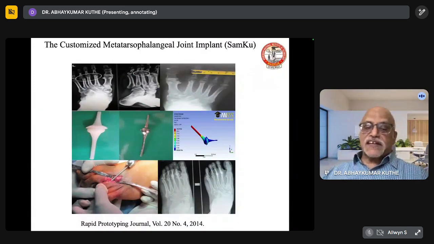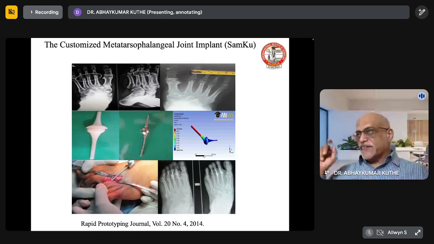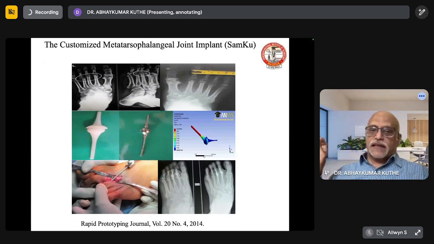The next interesting case study is about the customized metatarsophalangeal joint implant. This is again developed for a patient, and we developed it using the same methodology of using the doctor's concept, and we even used ANSYS software to get the stresses that get developed, just to see that the particular implant sustains the load on it, before we fitted it into the patient's body.